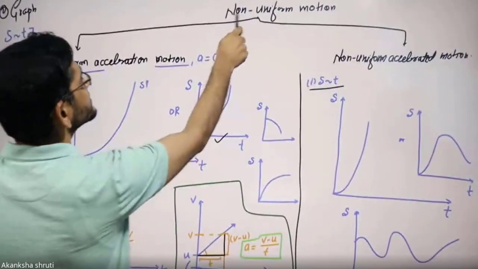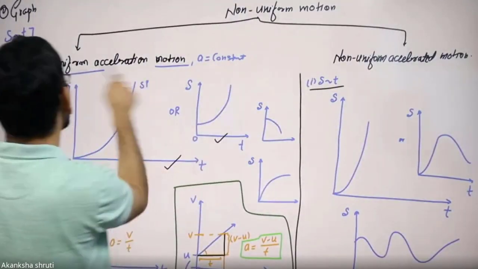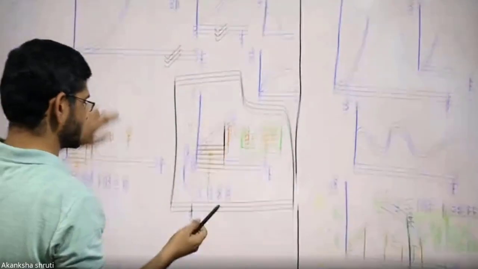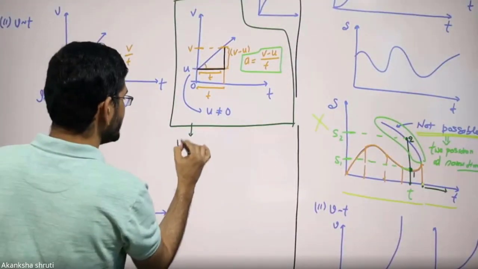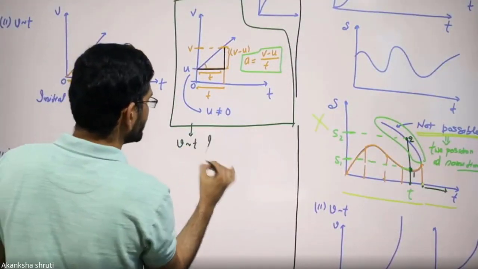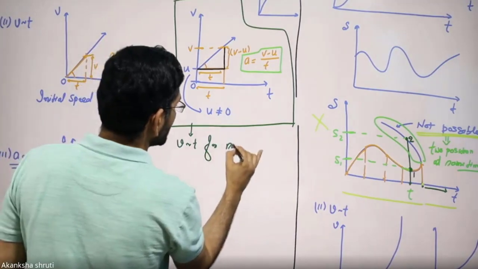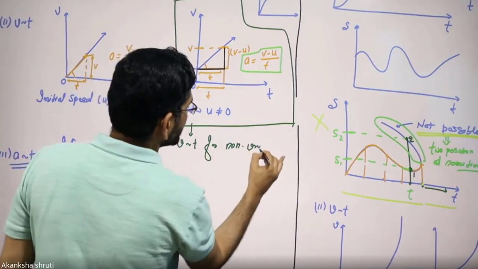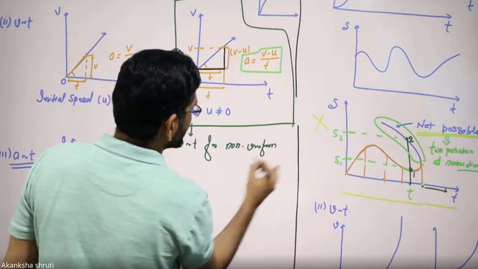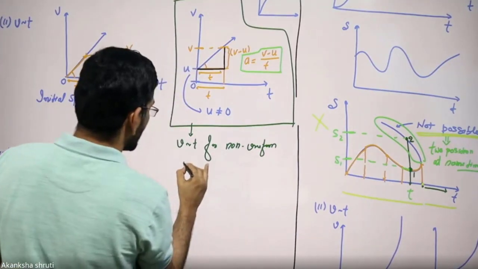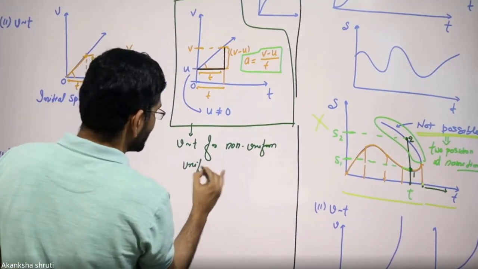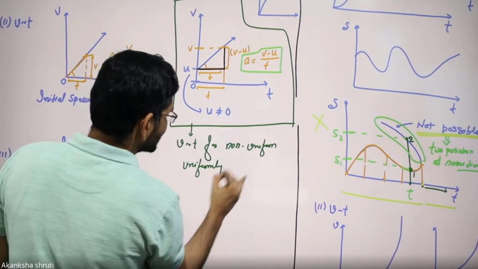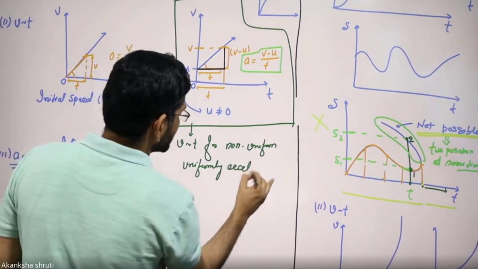So this is for the non-uniform motion, or the uniformly accelerated motion. This is the VT graph for non-uniform and uniformly accelerated motion.